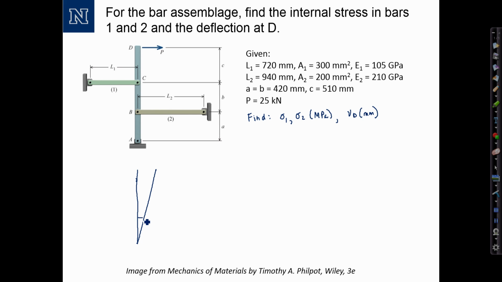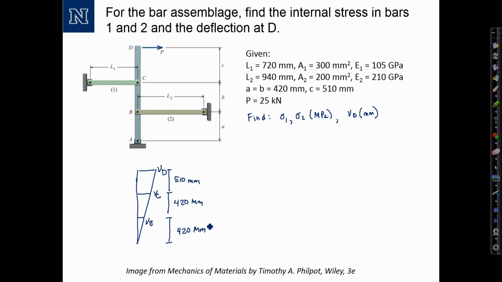And as the bar rotates, point B moves over by some distance v sub B. Point C moves over by some distance v sub C. And point D moves over by some distance v sub D. And then, of course, I have these lengths between my members, 420, 420, and 510, all in millimeters.